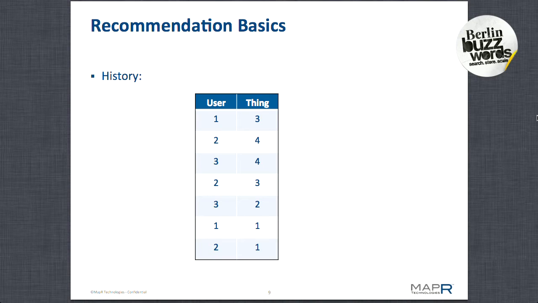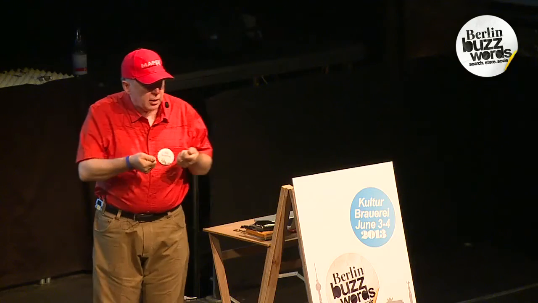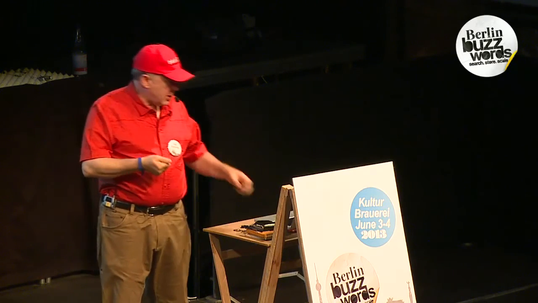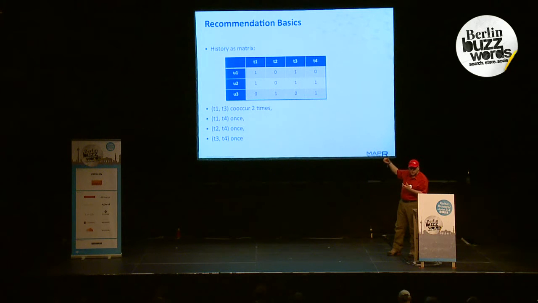And if we look here, we see that user 1, for instance, has interacted first with thing number 3, and then toward the bottom with thing number 1. Now, this is an inconvenient way to look at this, so we very often do what's called sessionization. We rearrange the data so that every user's history is next to that user's history. So now it's much easier to see that user 1 interacted with T1 and T3, thing 1, thing 3. We've lost the element of time here, but the ordering is not so important.